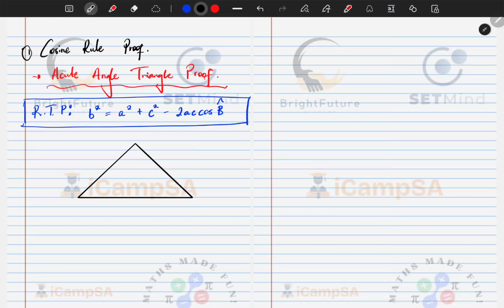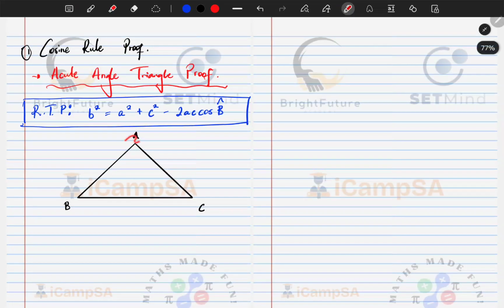This is what our triangle will look like, and we'll have our A, B, and C. Remember, the most important thing when you are doing this, especially with your trigonometry rules, is how you name your sides. The side opposite angle A is called small a.